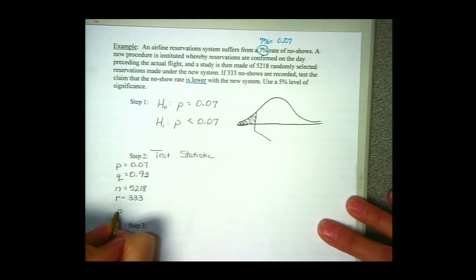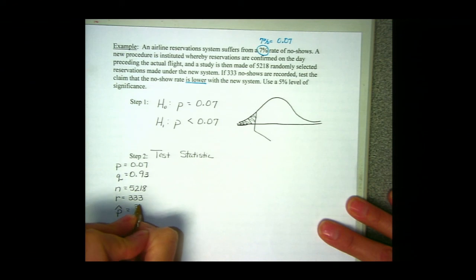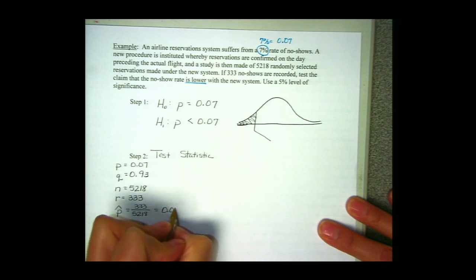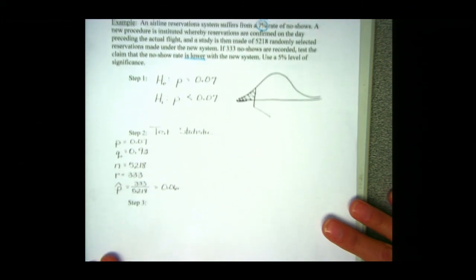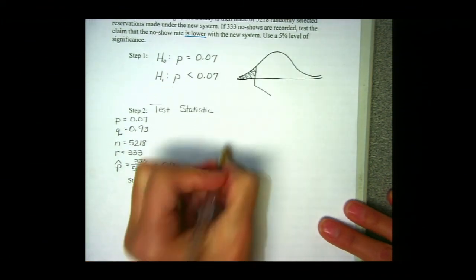So my P hat is 333 divided by 5,218, which is 0.06.